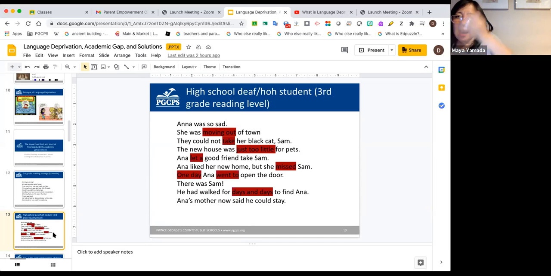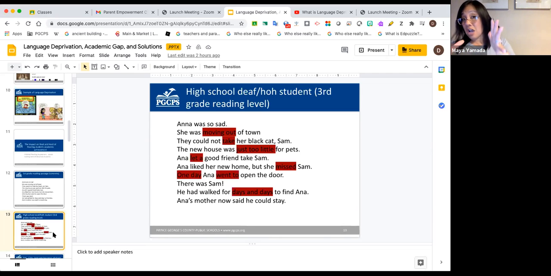You know, the word take has many meanings, and it depends how it's used in context, but often a deaf or hard of hearing child only knows the one meaning. So they associate that meaning with everything they read.